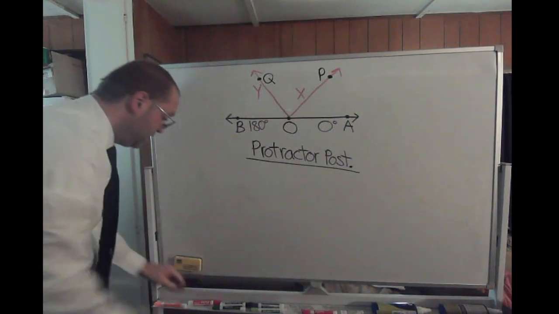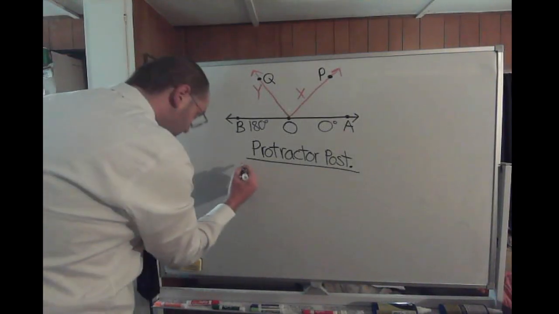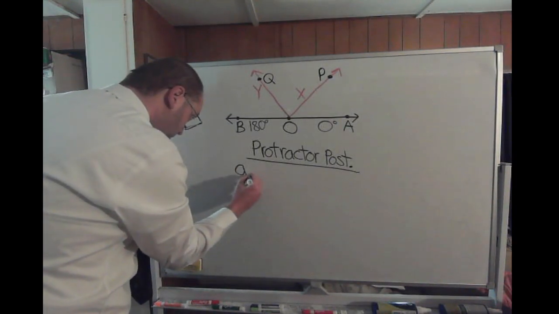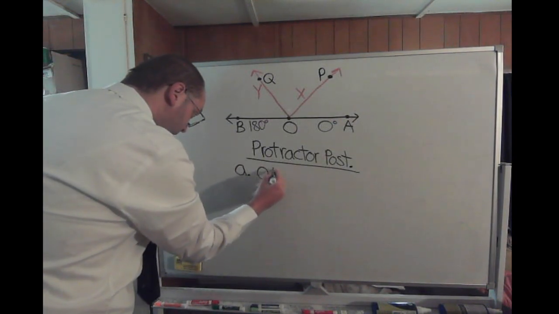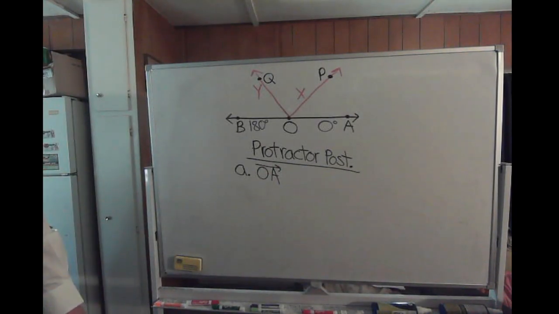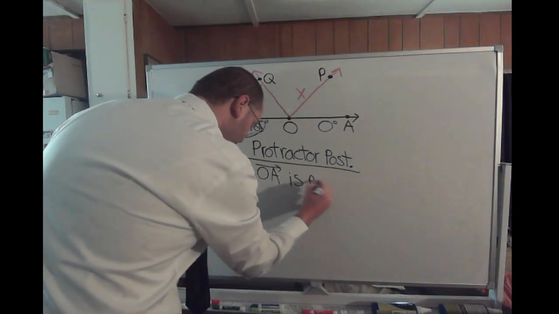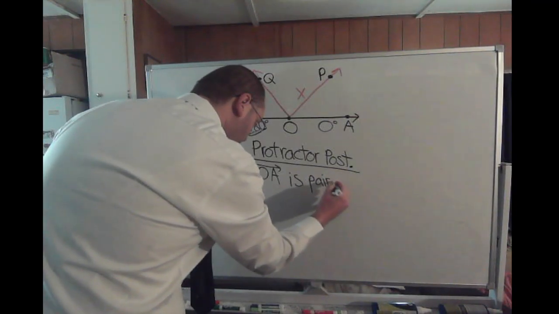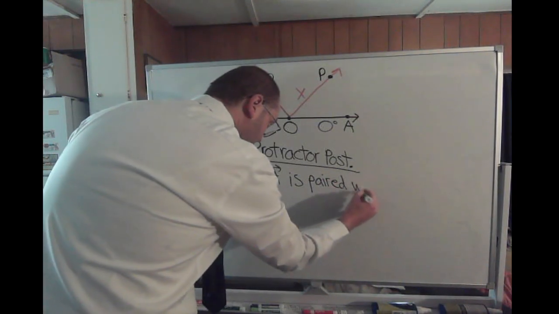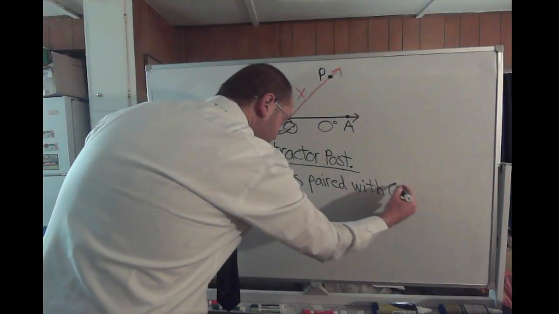Okay, let's go on to the two subparts. Part A, ray OA is paired with 0 degrees.